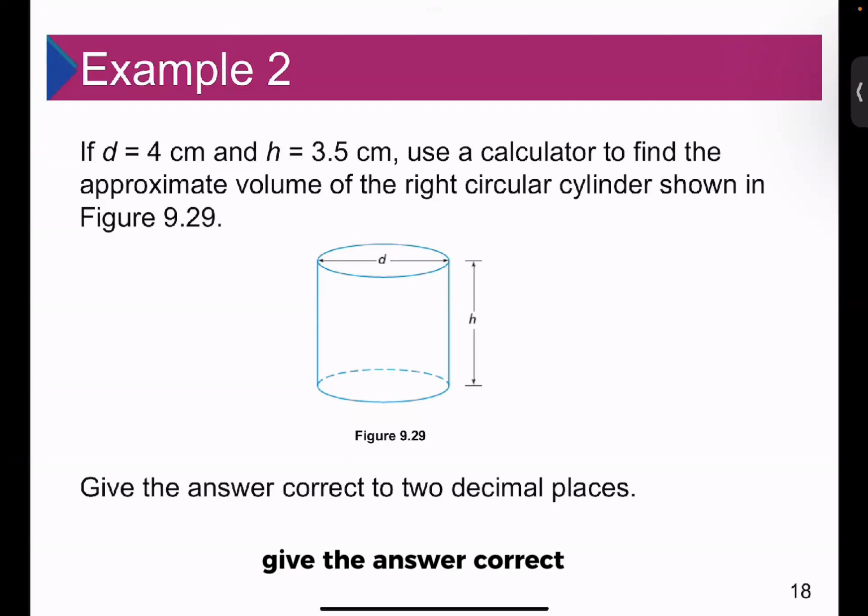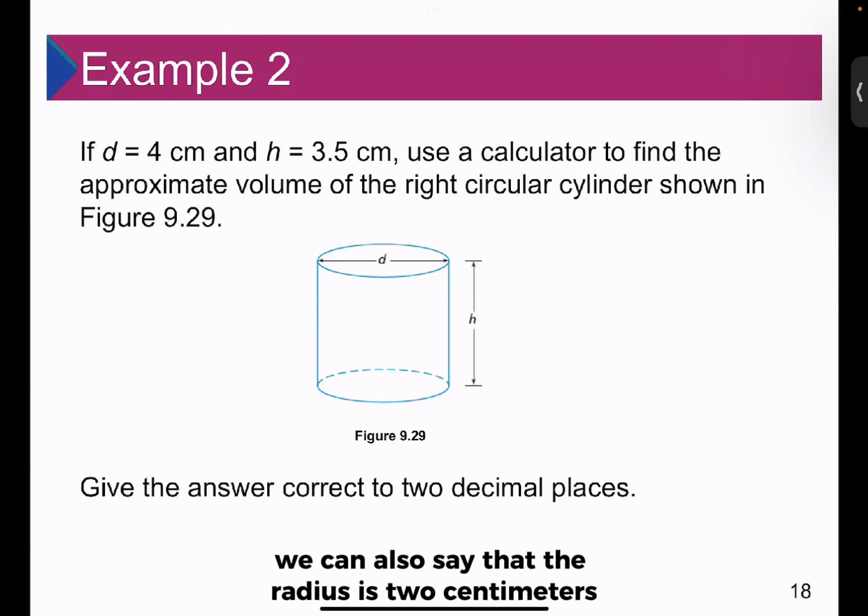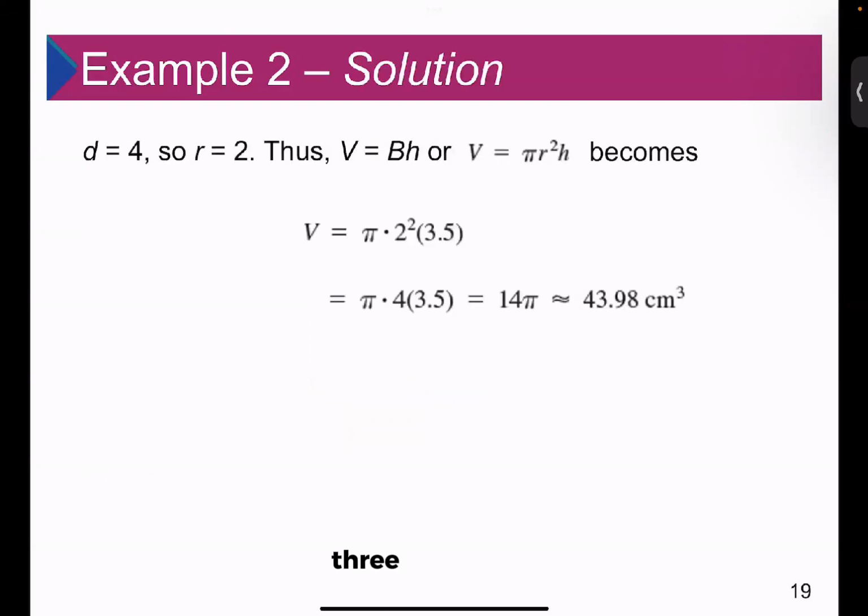Give the answer correct to two decimal places. So take note that the diameter is 4 centimeters. We can also say that the radius is 2 centimeters with a height of 3.5 centimeters.